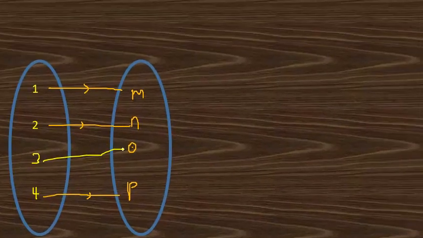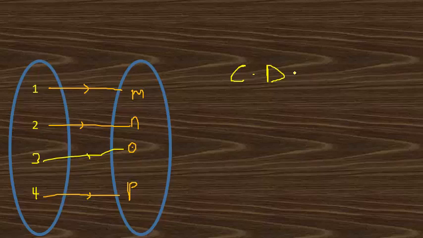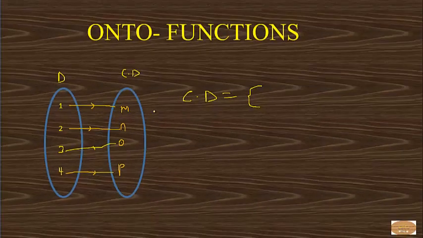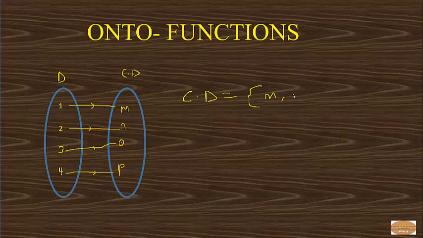Okay. Now let's check the codomain. Now this is the domain. This is the codomain. Alright, so in the codomain we have N, O, then P.